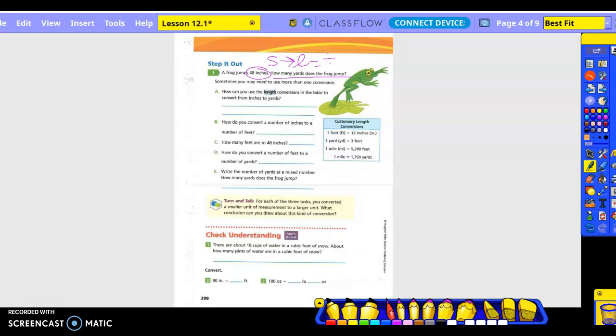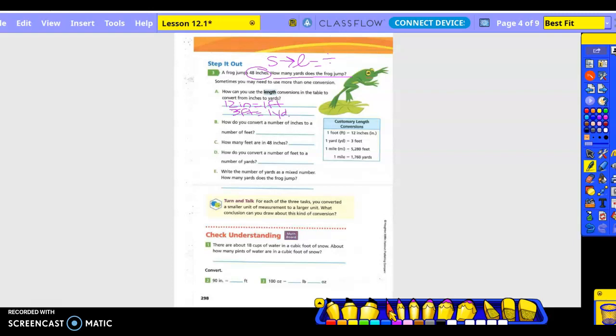So how can you use the length conversions in the table to convert inches to yards? So how many inches are in a yard? So 1 foot equals what? So 12 inches equals 1 foot, and 3 feet equals what? 1 yard.